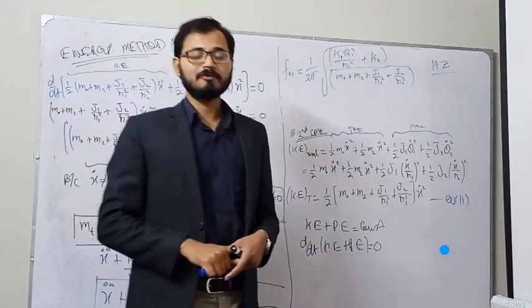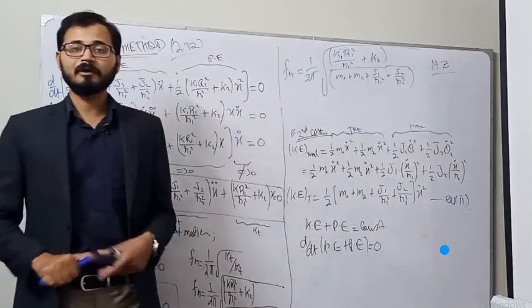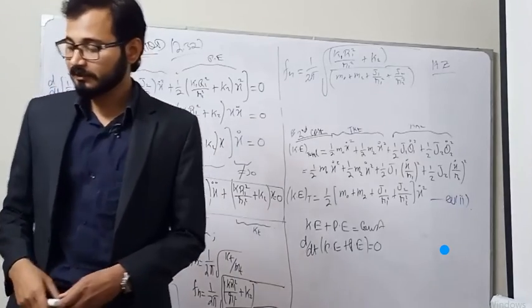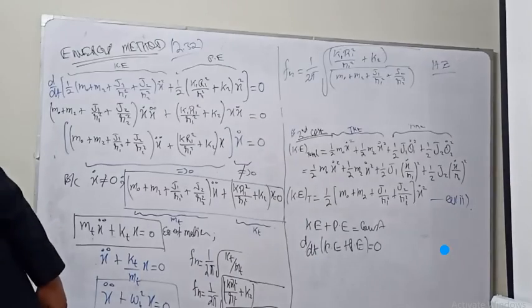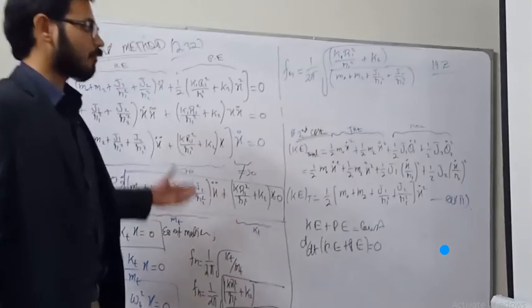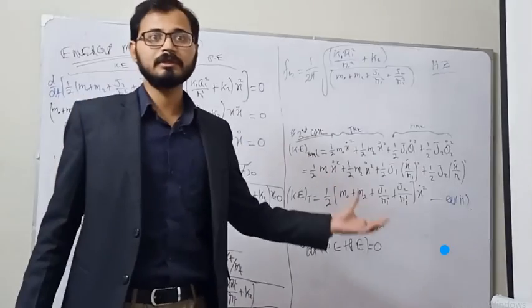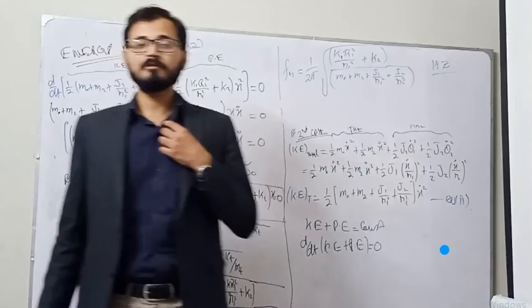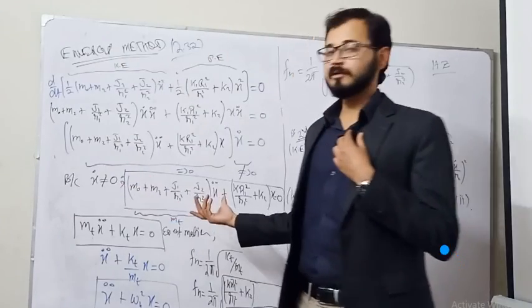So I hope from today's lecture you have learned a lot about the energy method, and how to solve with it. In addition, I will share that problem with another method.